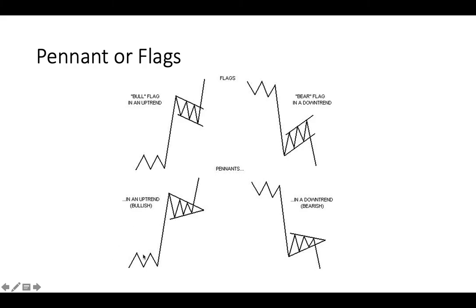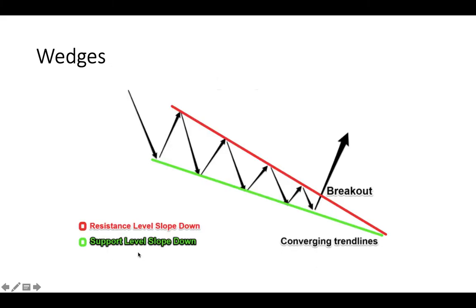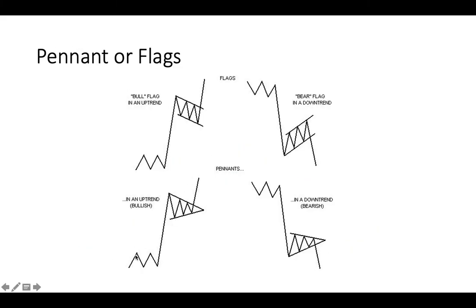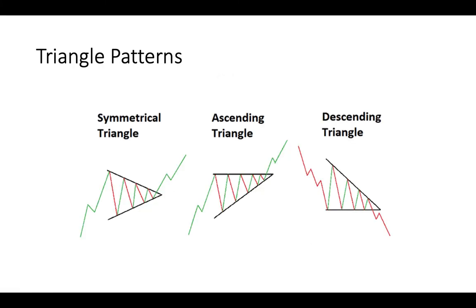Pennants are nothing but similar to wedges. First there is a breakout, and then a wedge pattern forms over here, and similarly in this bullish uptrend, and then similarly in the downtrend, we have this wedge pattern formed at the bottom of the chart. Next is the triangle pattern.